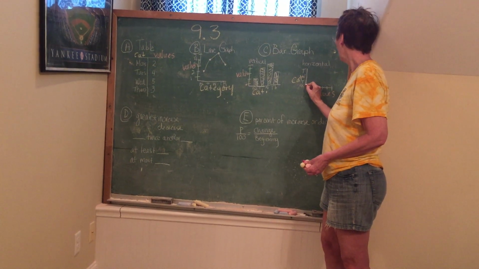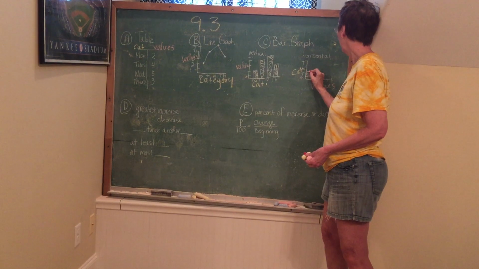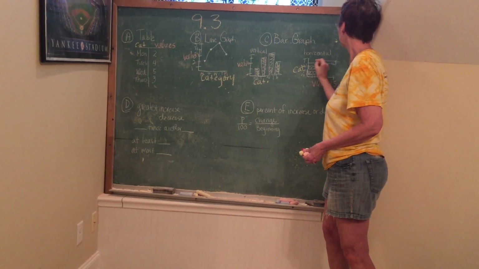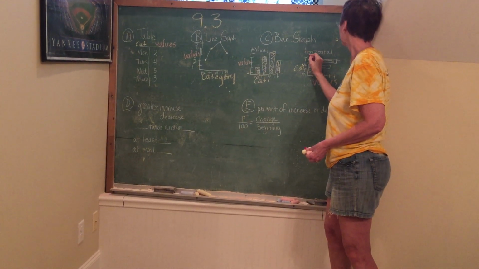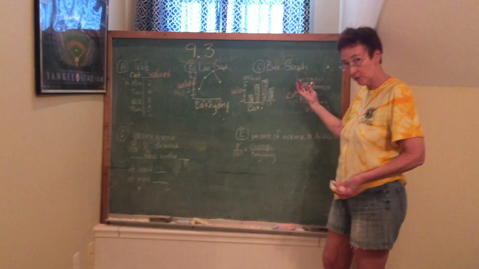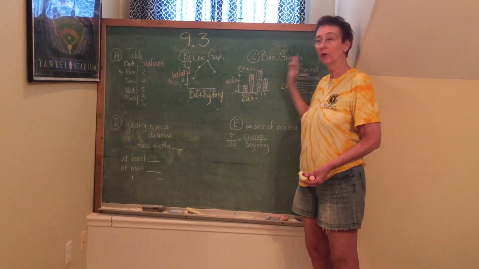Now my bars would go this way instead of going up and down, and so my bars would look like they were going horizontal. So a bar graph can either be vertical or horizontal.